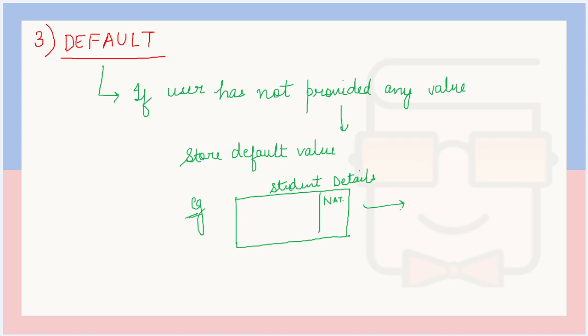Default constraint means that if the student has not entered his or her nationality, by default we'll consider his or her nationality as Indian. So even if the user forgets to mention any value in such an attribute with which we have specified the default constraint, then we need not worry. That value will not be left blank. Rather, the default value that we have specified while designing the database will be put in that place.